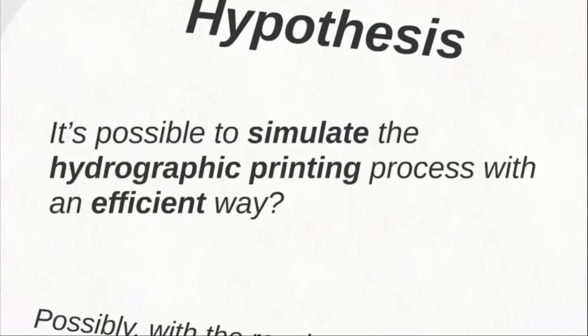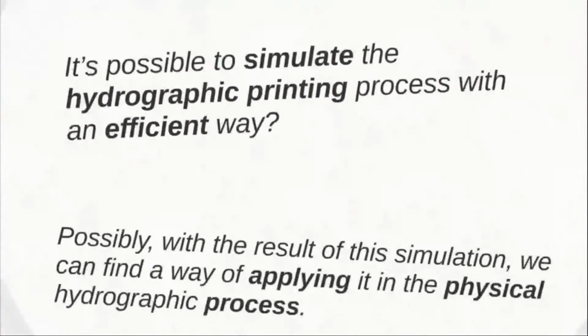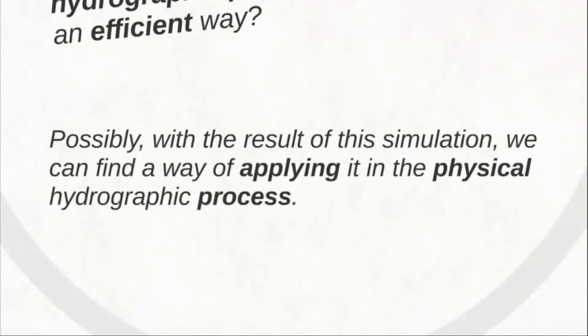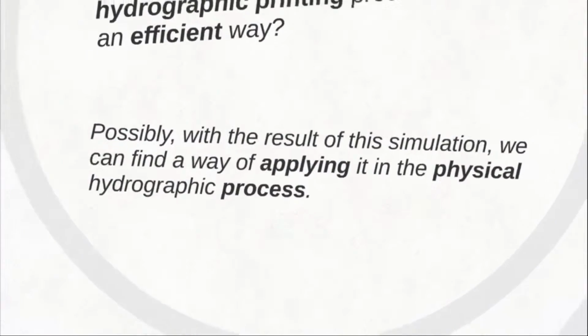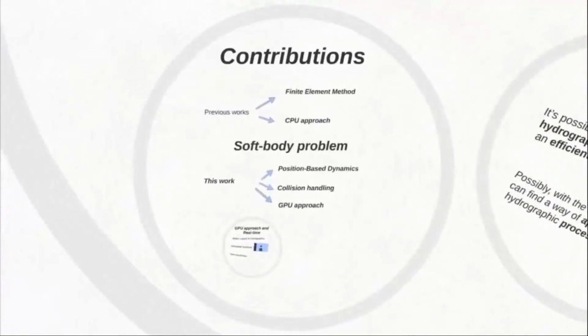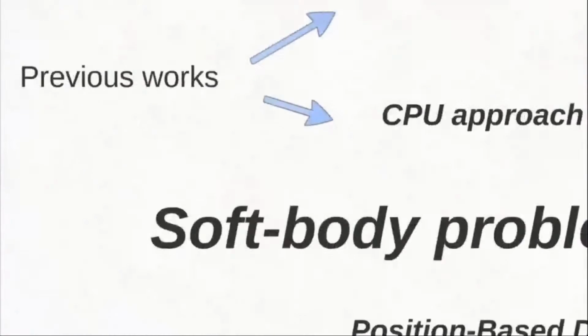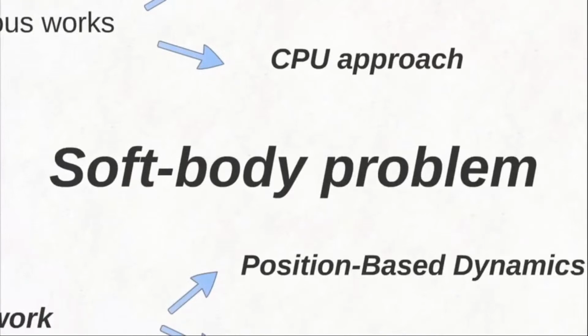It's possible to simulate the hydrographic printing process in an efficient way. Using the result of the simulation, we can find a way of applying it in the physical hydrographic process. In previous works, we can see soft body simulation with the finite element method on the CPU.